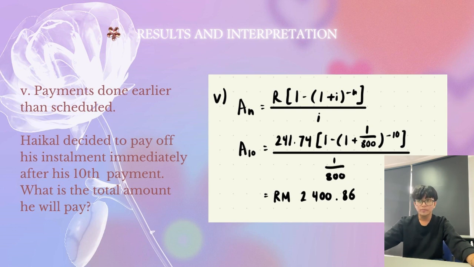We make a problem. Haikal decides to pay off his installment immediately after his 10th payment. What is the total amount he will pay?